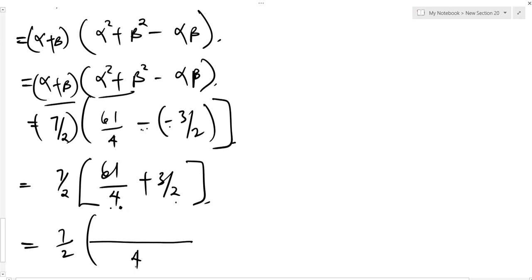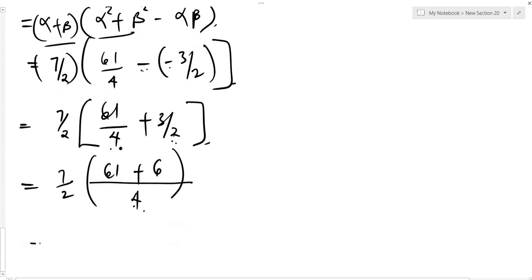So 4 divided by 4 will be 1. 1 times 61 will be 61. Then plus 2: 4 divided by this 2 will give you 2. 2 times 3 is 6. You have 7 over 2 times 61 plus 6, which is 67 over 4.